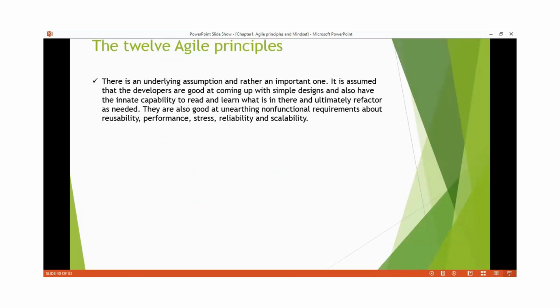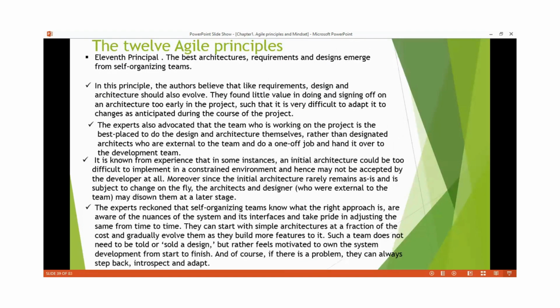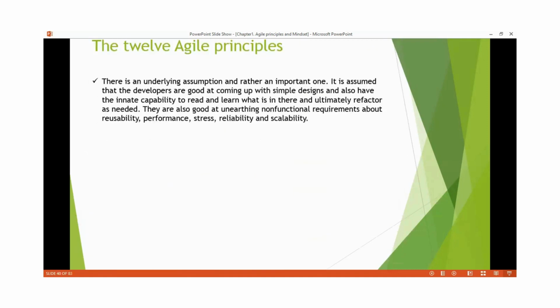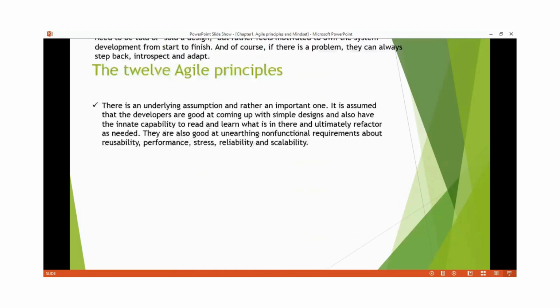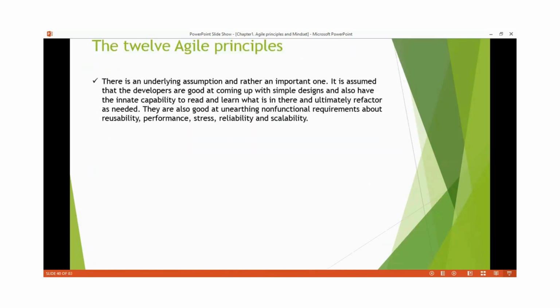Now, when we look at the 12th principle, the last one, we're talking about the architecture being provided and the involvement of design and requirements coming from a self-organizing team to build their creative environment.